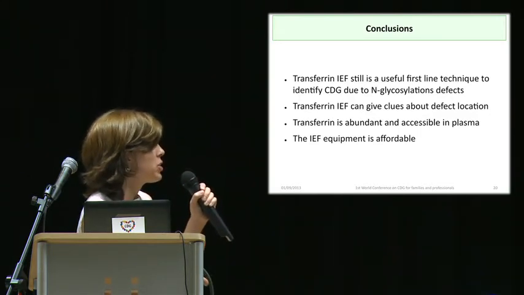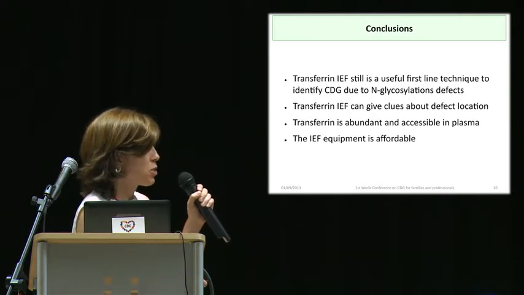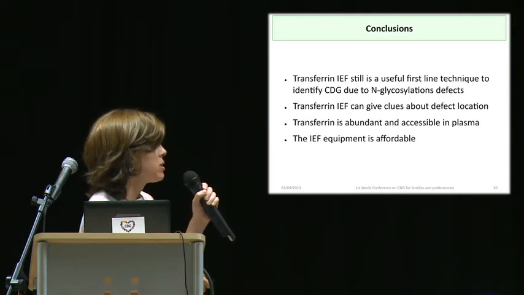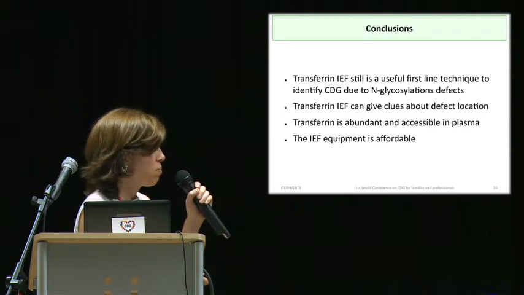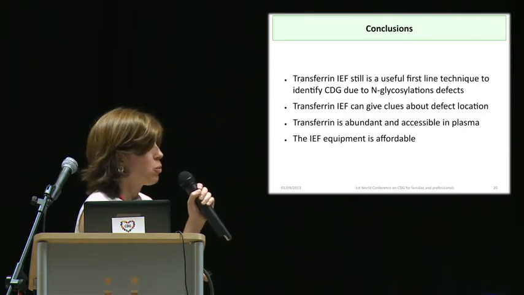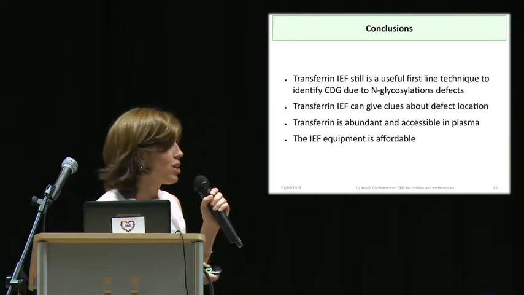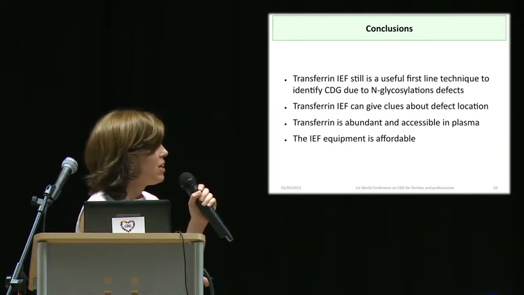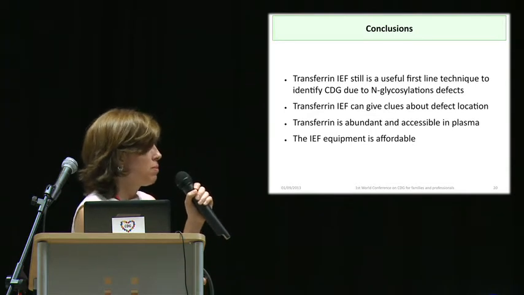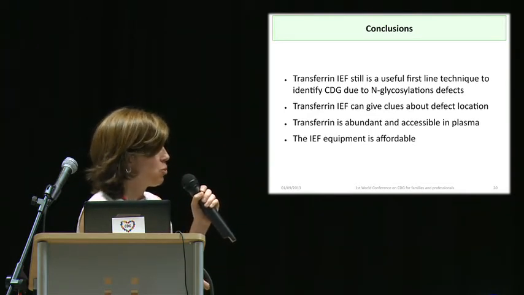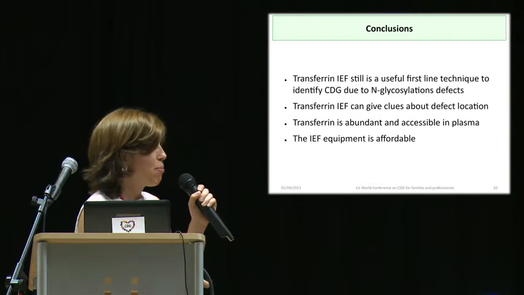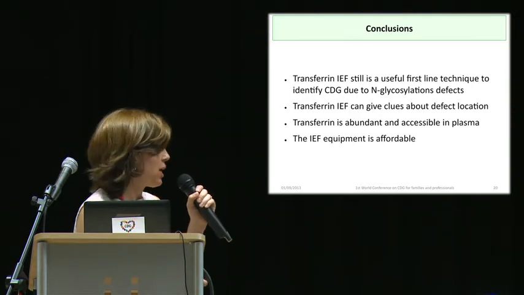As I said, transferrin is very abundant and accessible through plasma, and the isoelectric focusing equipment is affordable, which is very important in this context of world crisis, when laboratories don't have huge amounts of money to buy complex apparatus to make CDG diagnosis.